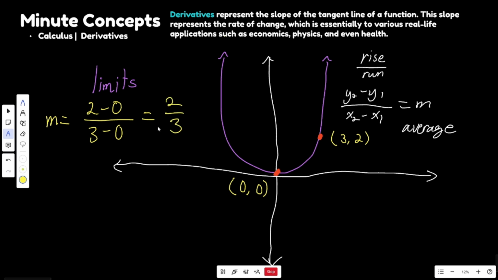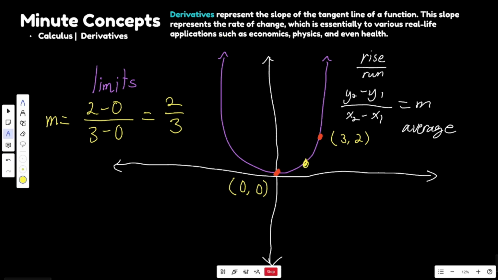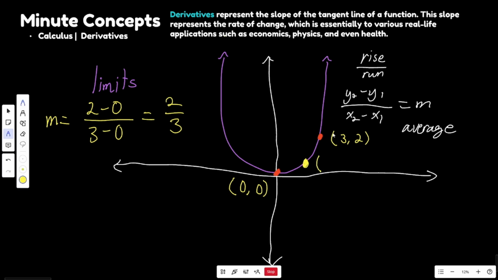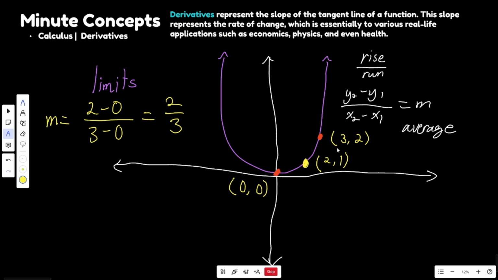But that's just an average. I don't know how much my graph is actually changing at, for example, this point in the middle. I want to know exactly how much it changed. So what can we do? Well, we can get the point of this one here and do our formula again. Let's say that this is now 2 comma 1, and now our slope changes from 2/3 to 1 over 2.